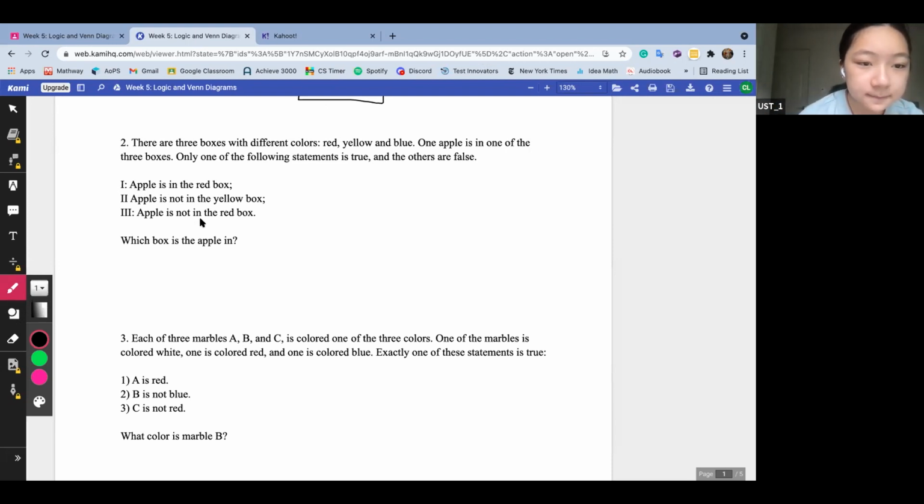We don't know which is true or false between 1 and 3, but we do know there has to be one more false one, which means 2 will be false. So the apple is not in the yellow box is false, which means the apple is in the yellow box, so the answer is yellow.